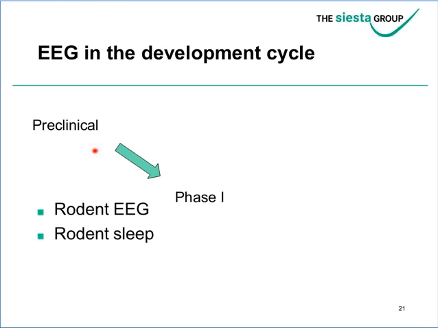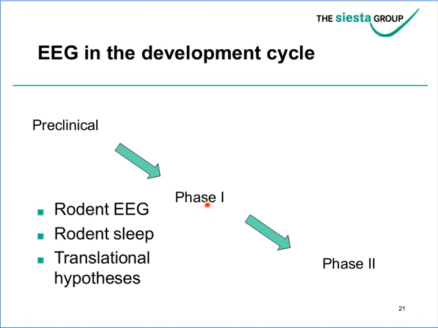You can measure rodent sleep and create certain translational hypotheses, deducing from what you see in a rat, for instance, to what you're likely to see in the human. So EEG is already a valuable tool in the preclinical phase, helping to lead you in a very efficient manner into your phase 1 studies.